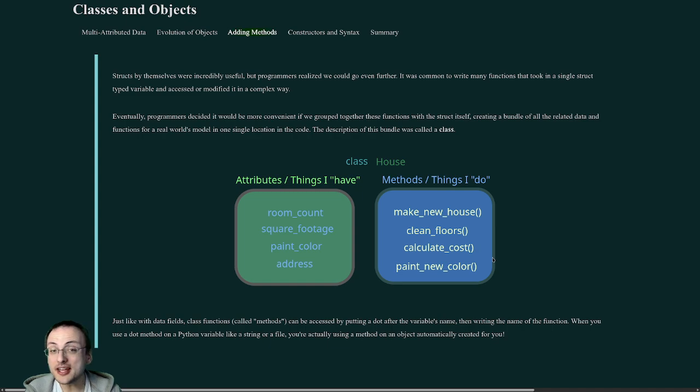And those might not all return something or take things in. A lot of them will just require these attributes that we had before. It's certainly possible to require them. Say, painting a new color might still need an input, which is the new color that you want to paint it. Something like calculating a cost still might return what that final result cost is.